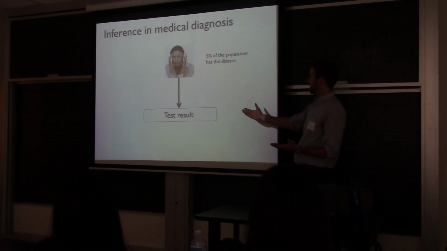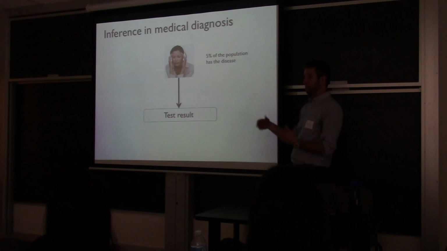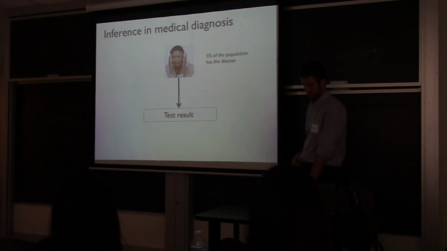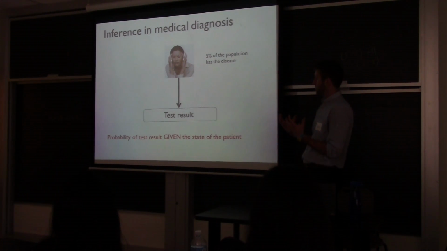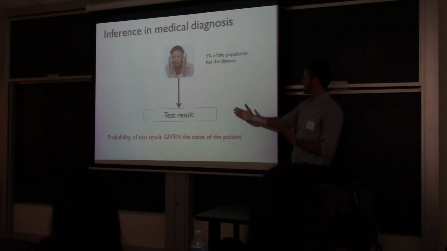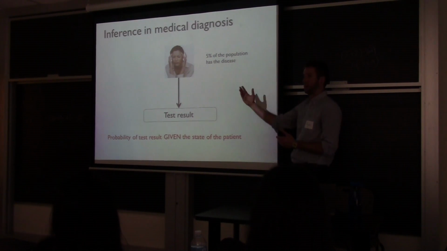So you perform a test, and whatever is really true, whether the patient has the disease or not, is going to determine the test result. We're going to call this the probability of getting a certain test result, either positive or negative, given the state of the patient, so whether or not the patient is sick.